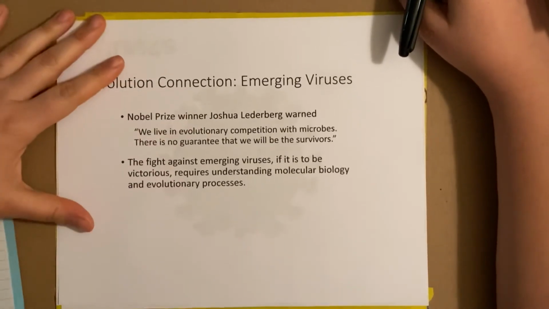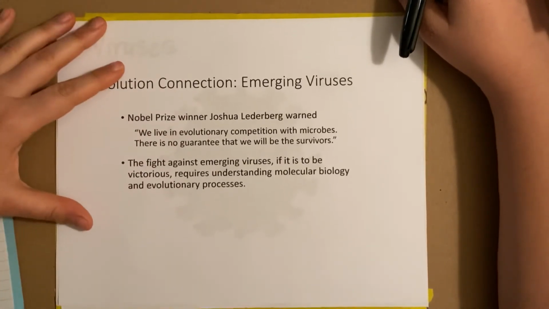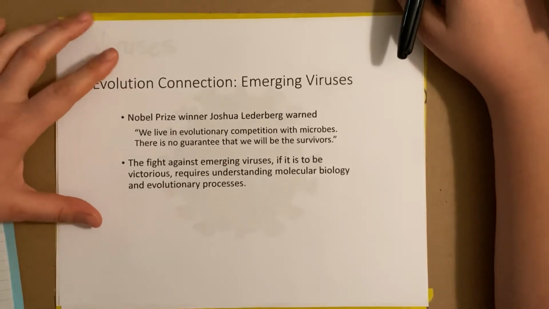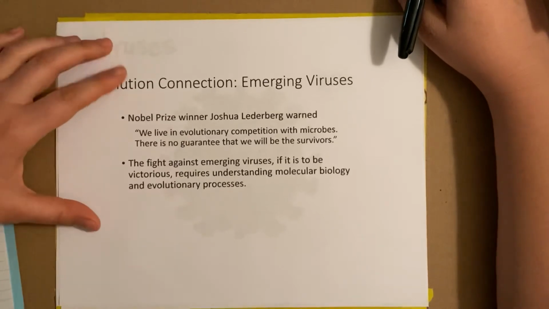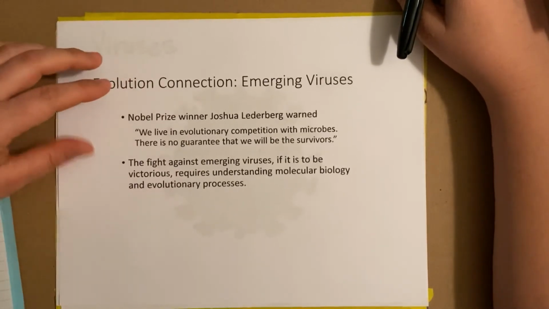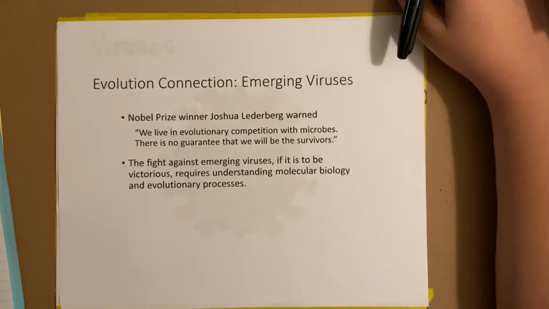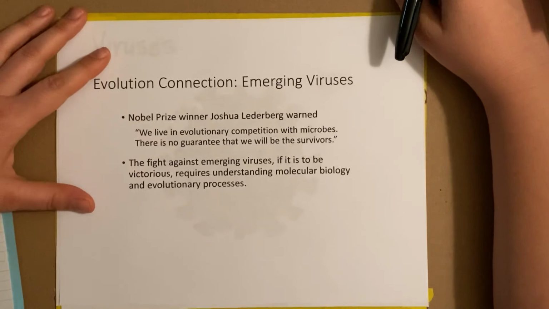One thing that makes viruses so hard to deal with is that they replicate their DNA very quickly, they reproduce very quickly, and lots and lots of mutations happen. Those mutations allow the viruses to evolve very quickly and make it very difficult for us to combat them.